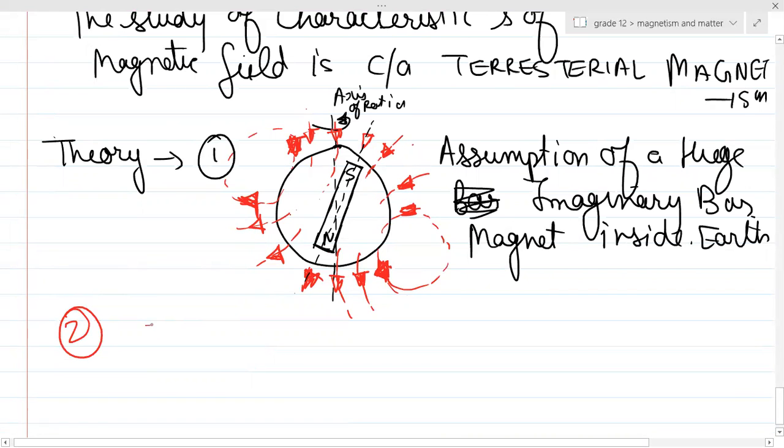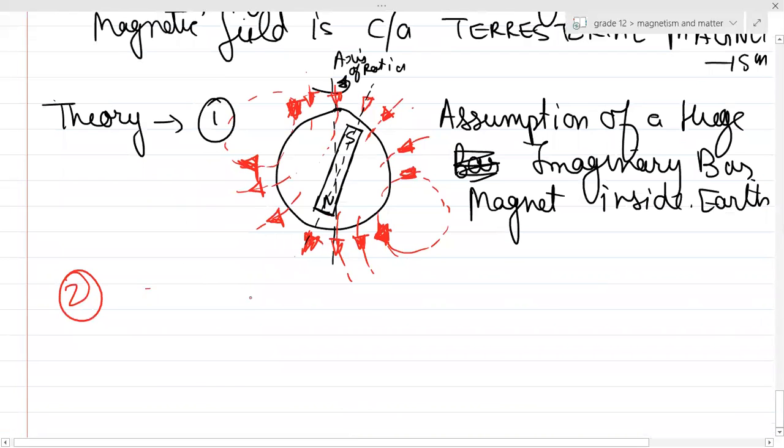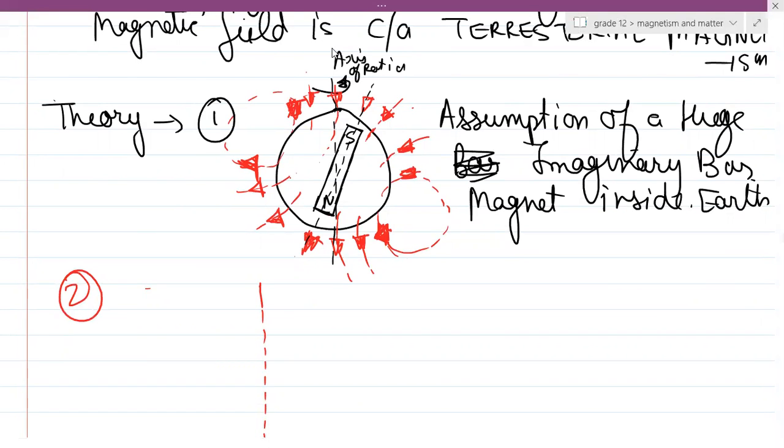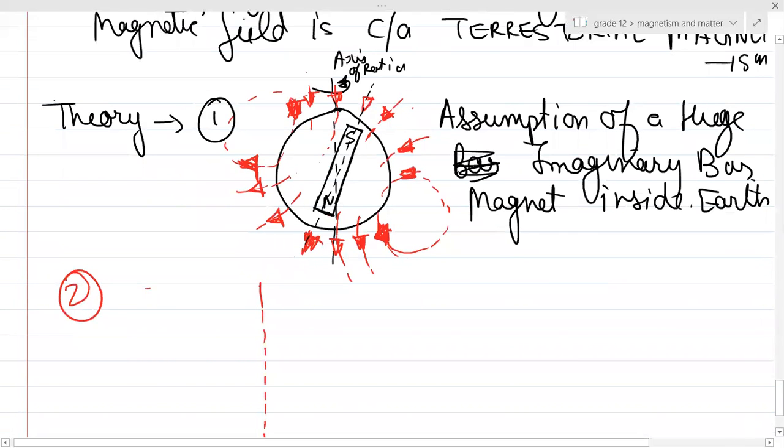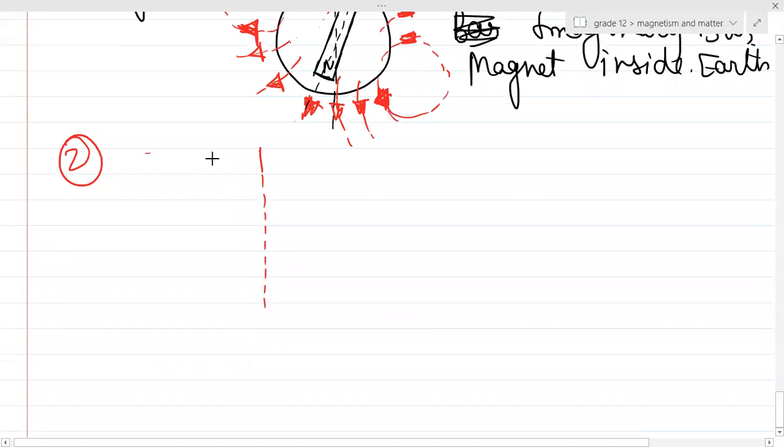Inside the Earth, when Earth was formed, what happened? Suppose this is your Earth, and let's say the Earth is rotating about this axis.